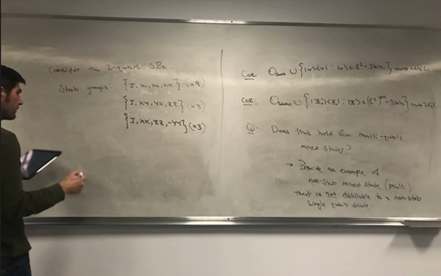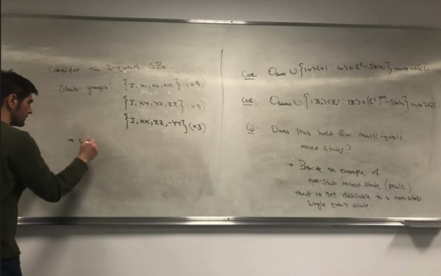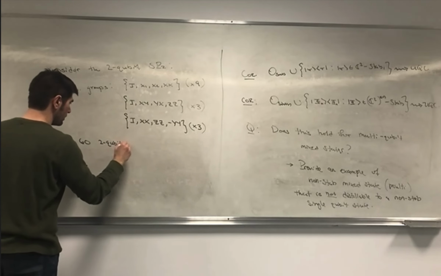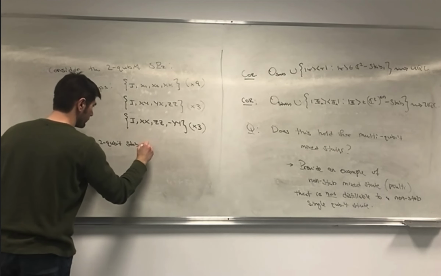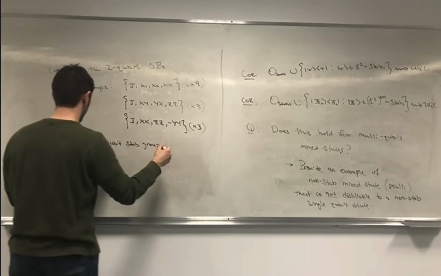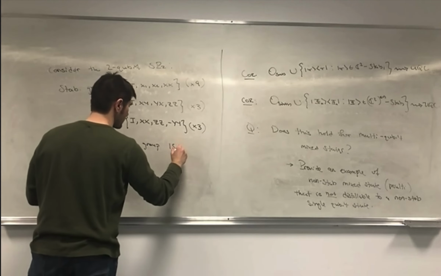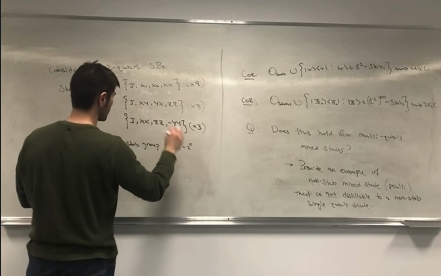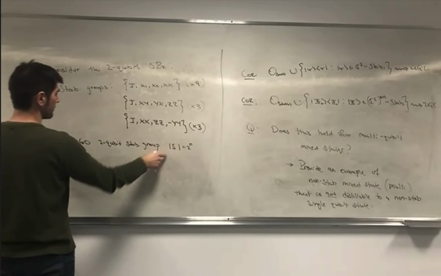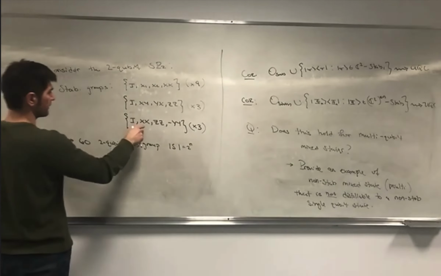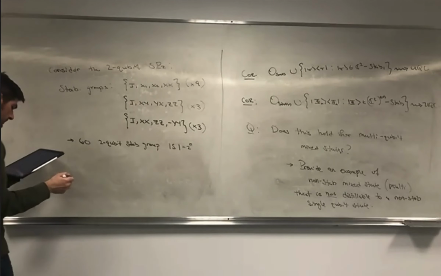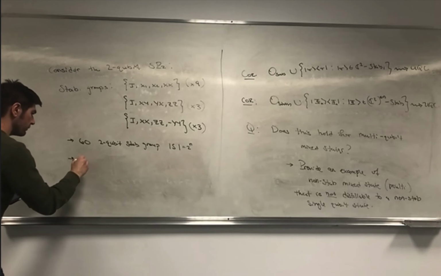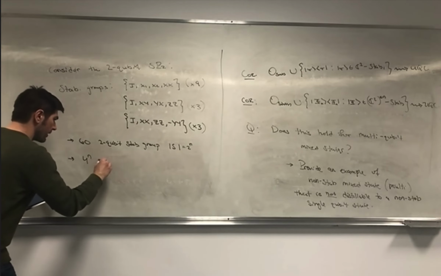It turns out that there are 60 2-qubit stabilizer states, where the size of each stabilizer group is equal to 2 to the n. So these define a stabilizer state. And in general, you have 4 to the n Paulis for n qubits.